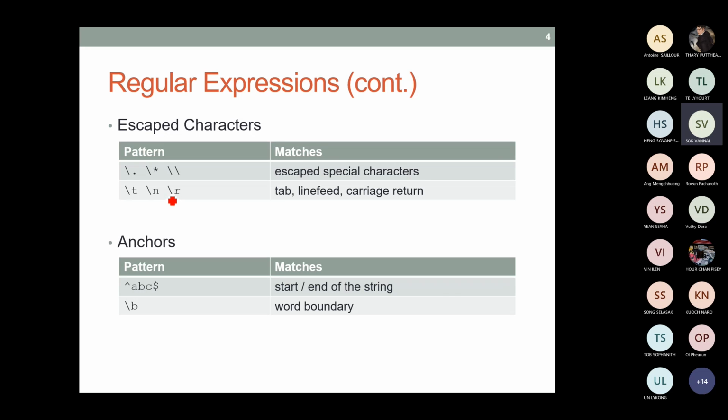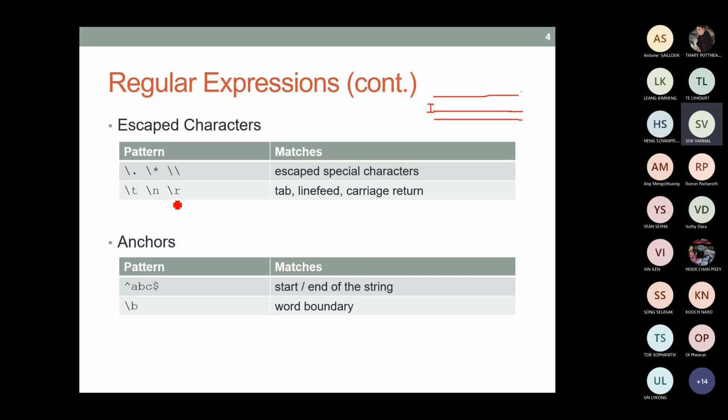And in some applications, slash n is to move the cursor to the beginning of the next line. For example, if we have a line like this, and we are right here, if we see the slash n character, it will move our cursor to here, the beginning of the next line.